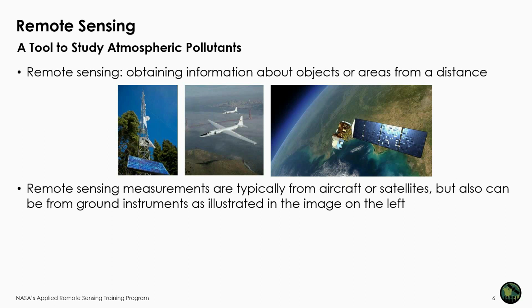And as you can see, remote sensing can be done from various platforms, including aircraft and satellites, but it also can be done by ground-based installations. So you can have a ground-based tower on which you can install many instruments which can do remote sensing. There are various different platforms on which the sensors can be mounted, and you can get information about an object without coming into contact.